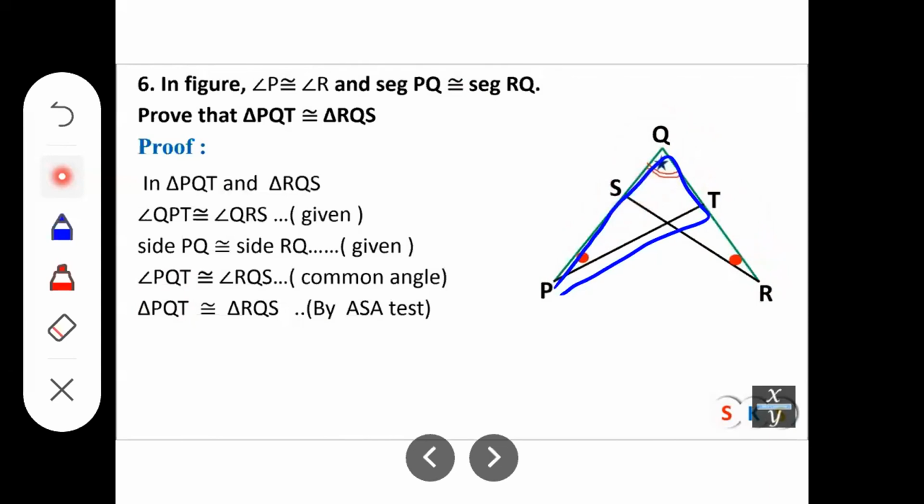So by angle, side, angle test, both the triangles are congruent to each other.